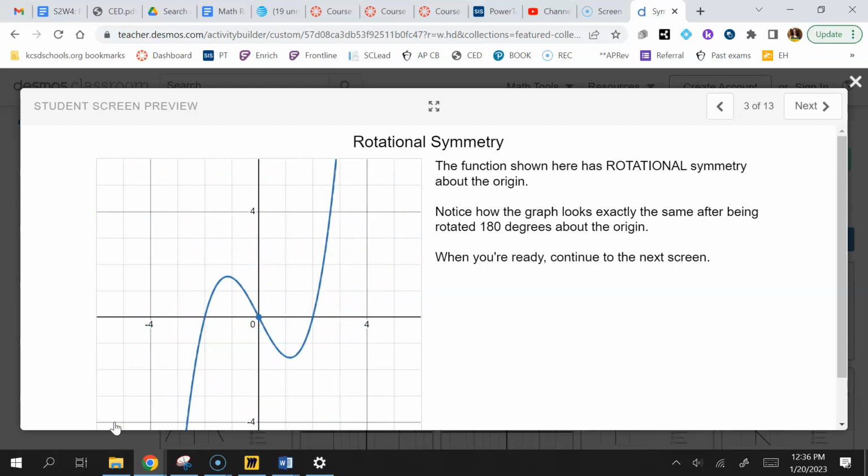Oh, that's supposed to be the x-axis and the y-axis are common lines of symmetry. Well, we don't use the x-axis for functions because then it wouldn't be a function. Right? And we really just talk about functions.